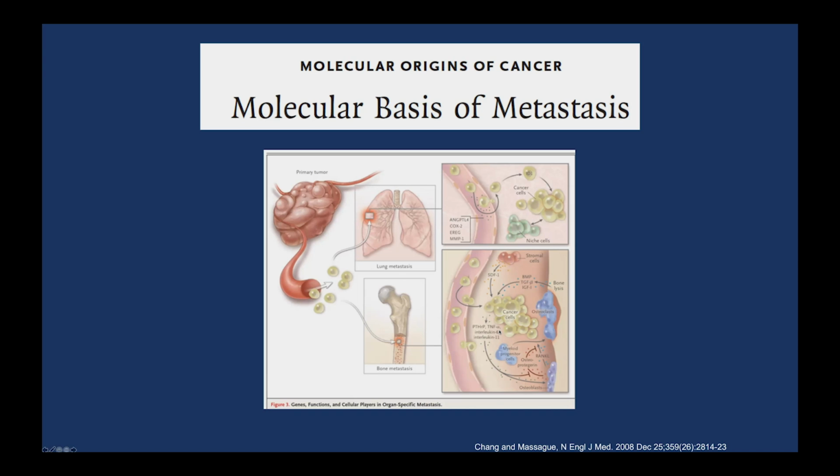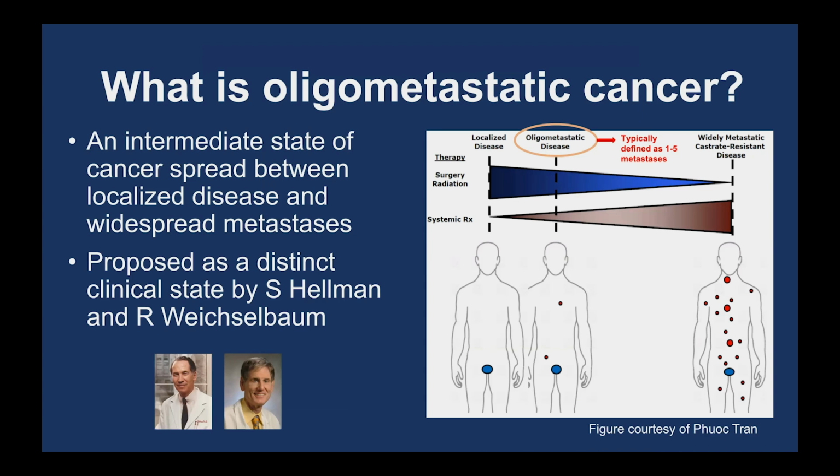These biologic differences can drive different tendencies for cancer to go to other distant sites. Now, oligometastatic cancer is a concept that has been appreciated more, particularly more recently.